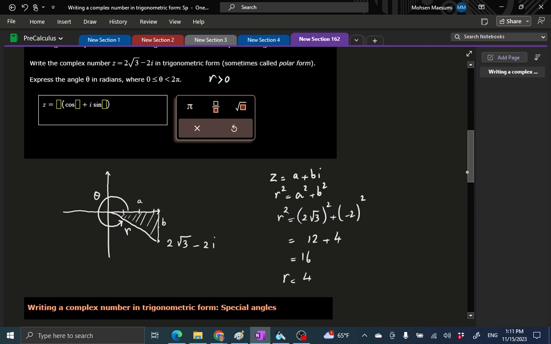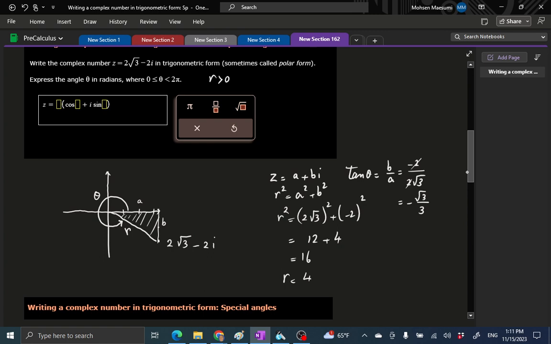How about tangent of theta? We have tangent of theta is equal to b over a. In this case, my b is minus 2, and my a is 2 radical 3. When I simplify, the 2's cancel, I multiply by radical 3, and it's minus radical 3 over 3.